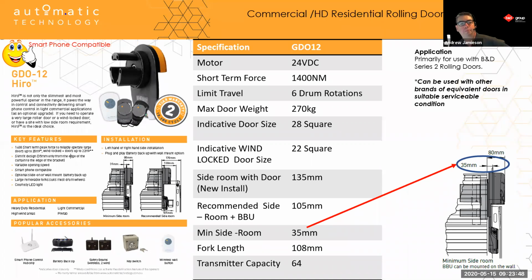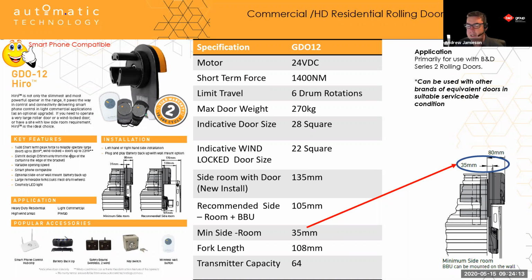We also bring to light our first commercial opener here in the GDO 12 that's smartphone compatible. It has the transceiver built into the unit, so to get the smartphone connectivity, you only need to install the hub. So they're the main items of push through to highlight the performance level of the GDO 12.